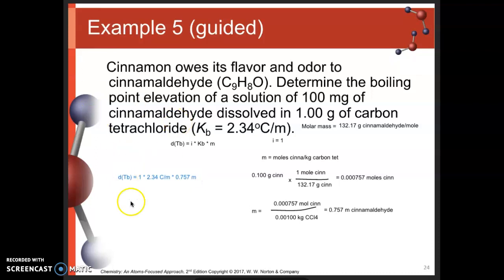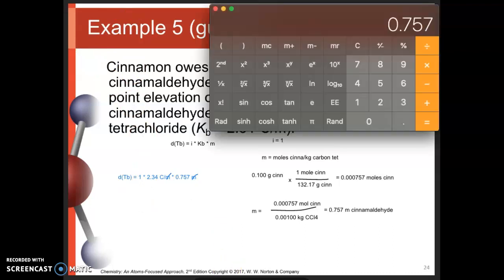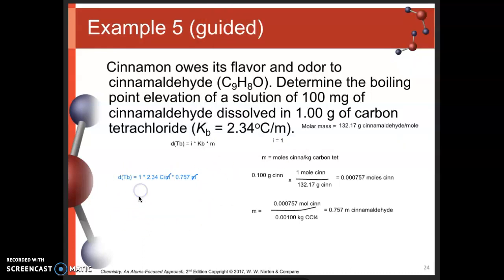And if I follow through, my moles will cancel. I'll be left with just degrees Celsius. So 0.757 times 2.34 times 1 would give a boiling point elevation to 3 significant figures of 1.77 degrees.